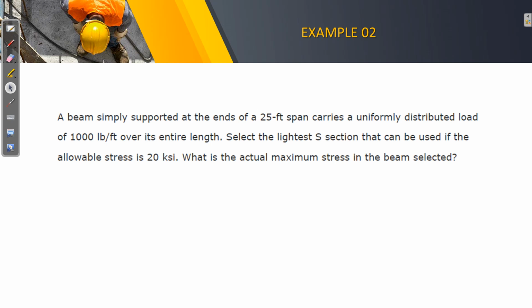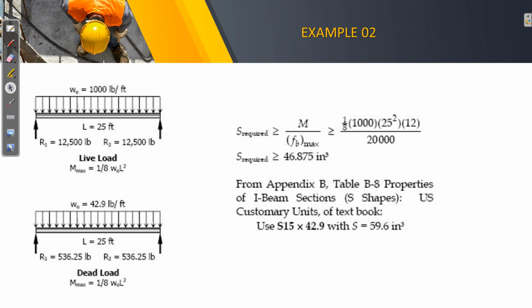So we are going to have the same approach. First, we intend to get the live load, and the live load is 1,000 pounds per foot. This is the uniformly distributed load. To get the maximum moment, again, we have a simply supported beam, so we can apply WL squared over 8.